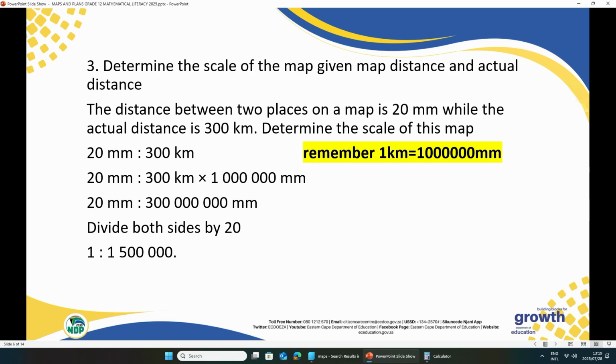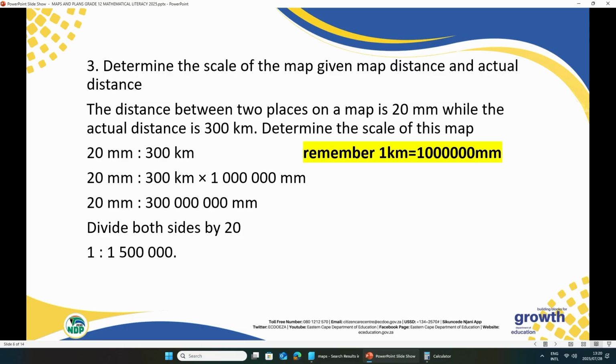So I have alluded in the first, when I introduced the lesson, that the number you put on the left of the ratio is the map measurement, and the one on the right is the actual measurement. So 20 millimeters is the map measurement, I put it on the left. Then 300 kilometers is the actual, I put it on the right.